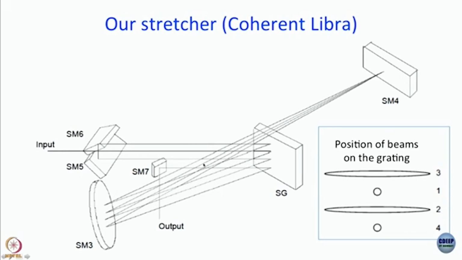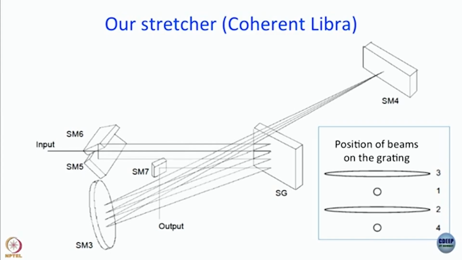So, let us see what happens. This here is the input, which comes through SM5, SM6. In the Libra user's manual, SM means a mirror in the stretcher, and the number of course indicates the sequence. So, it goes through SM5, it does not hit any other mirror and impinges on the grating.